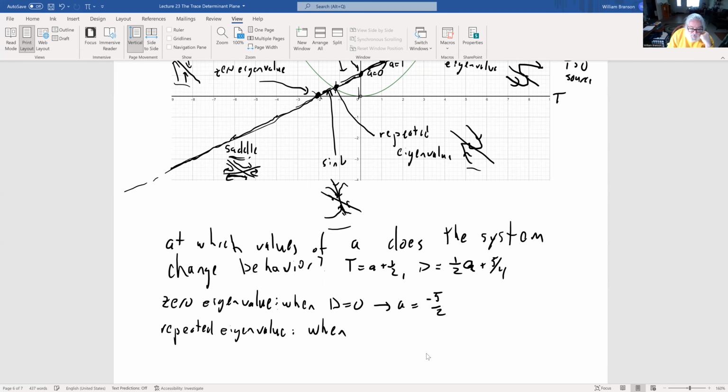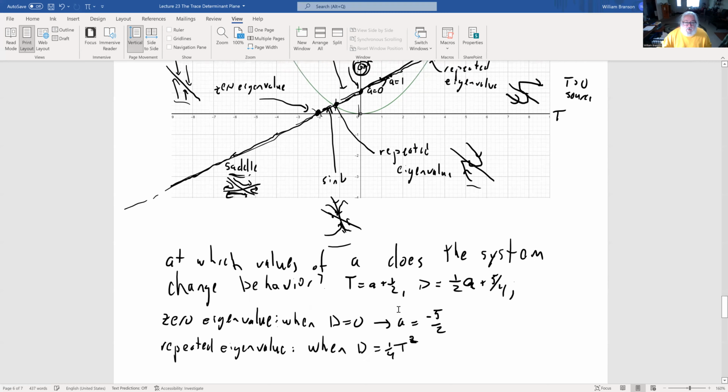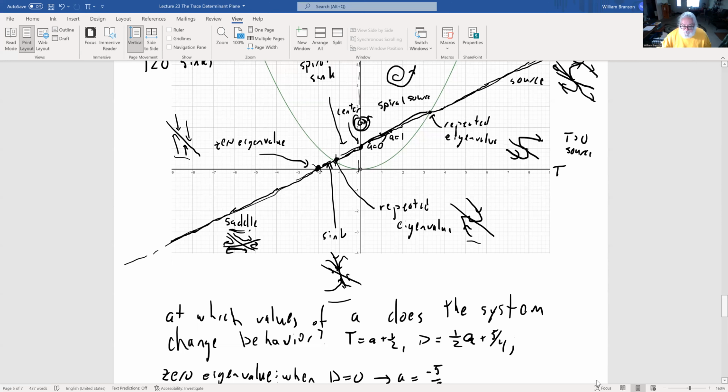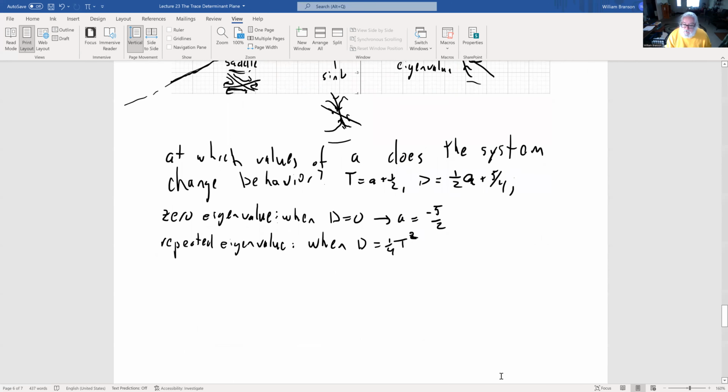That's when we hit the parabola, and the parabola is d equals 1/4 t squared. So to solve that, we're actually going to need to use this equation, d equals 1/2 t plus 1. So our curve is this, our parabola is that. To find out where they intersect, we set them equal to each other. 1/4 t squared equals 1/2 t plus 1.